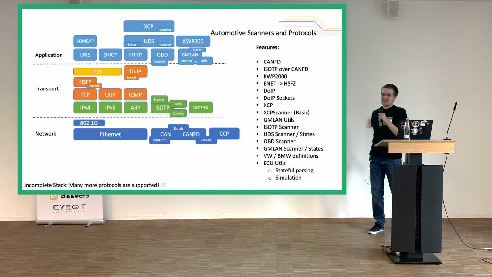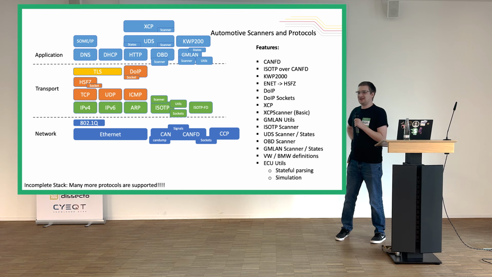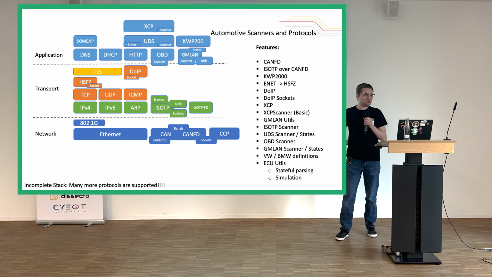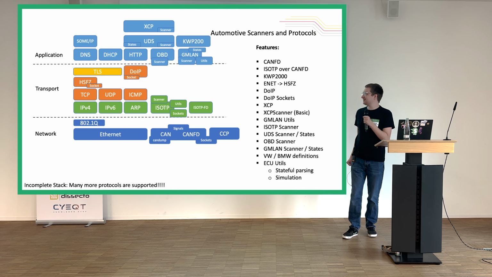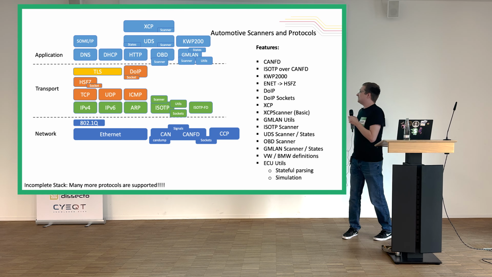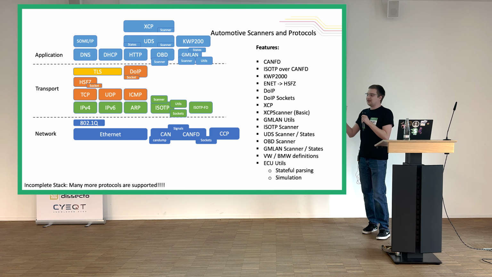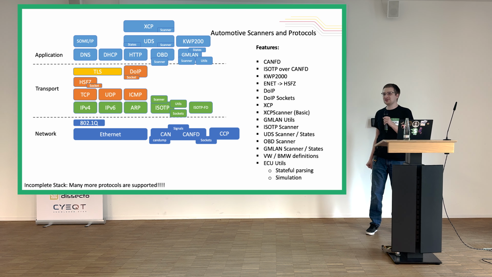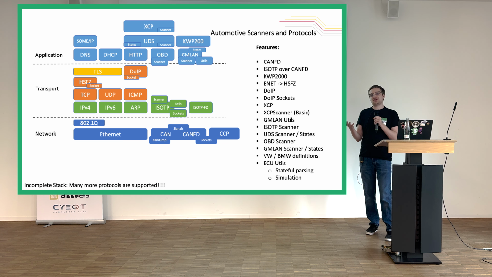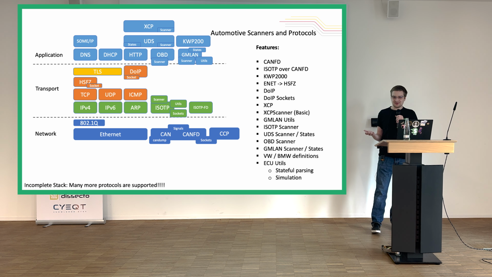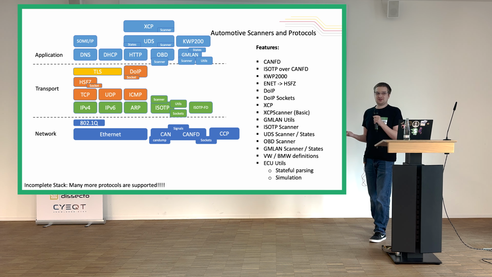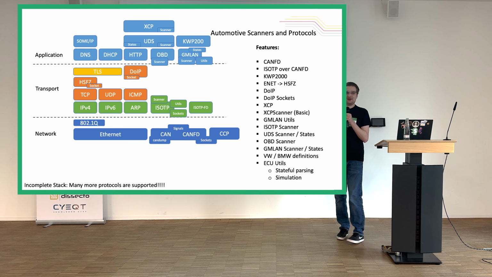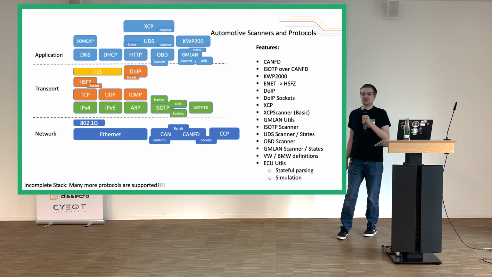We used this slide last ScapyCon. We are still actively improving Scapy to support everything automotive specific. The big advantage of Scapy, since it's over 20 years old, is that Scapy was initially written for Ethernet. And now the automotive industry is also going in the direction of Ethernet, automotive Ethernet.